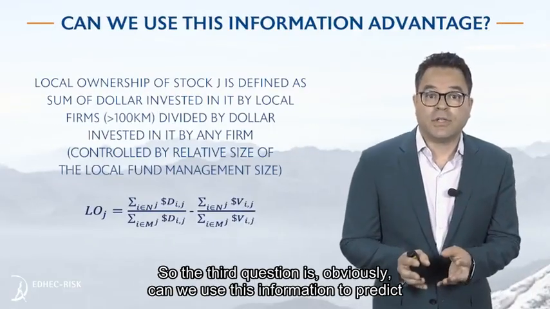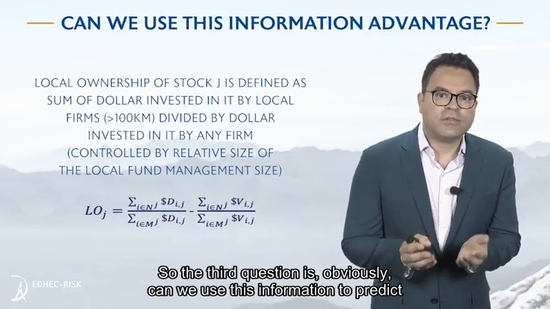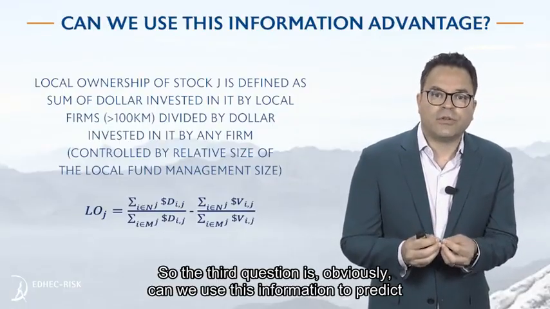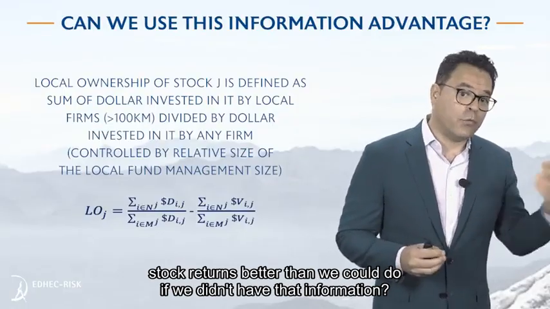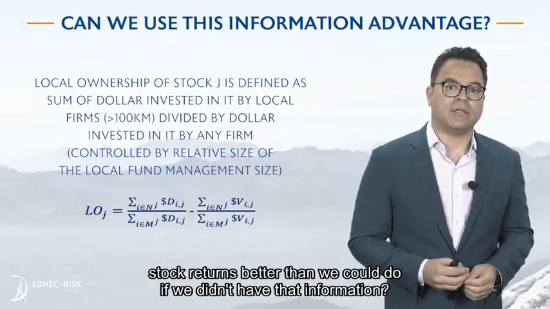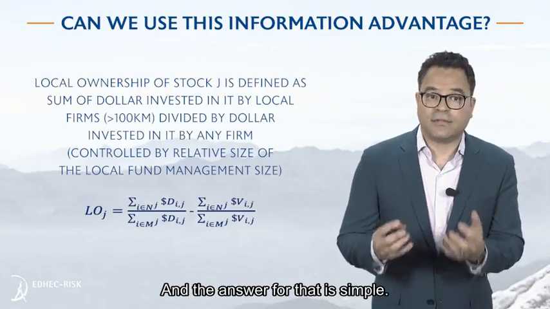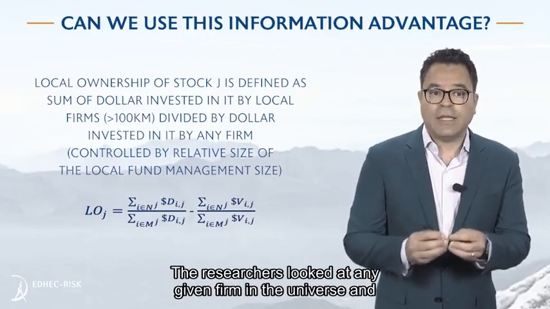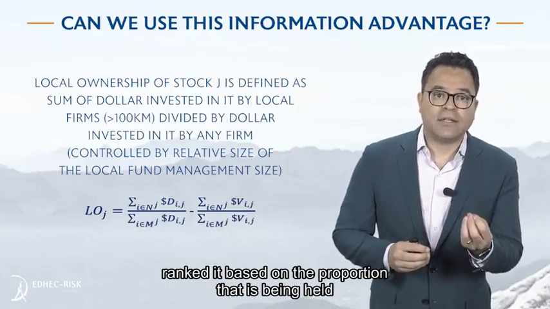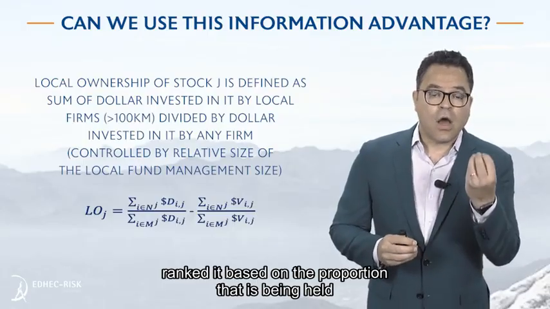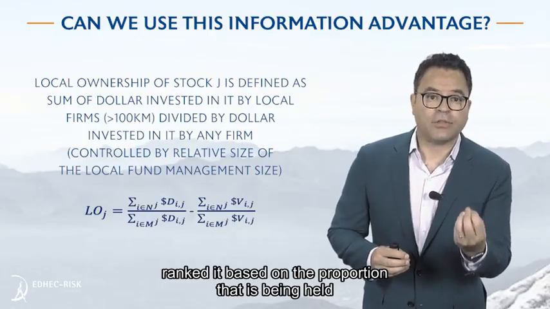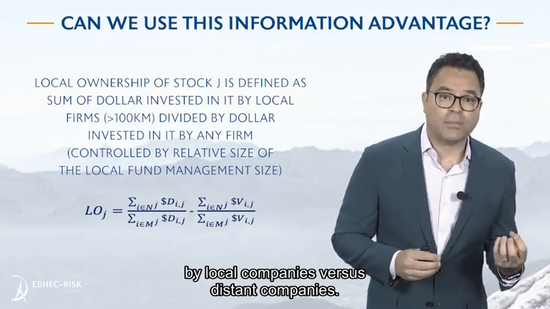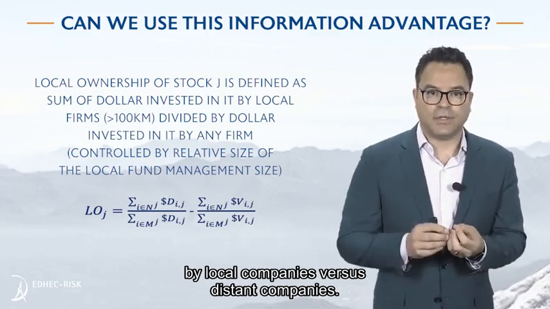So the third question is obviously, can we use this information to predict stock returns better than we could if we didn't have that information? And the answer for that is simple. The researchers looked at any given firm in the universe and ranked it based on the proportion that is being held by local companies versus distant companies.